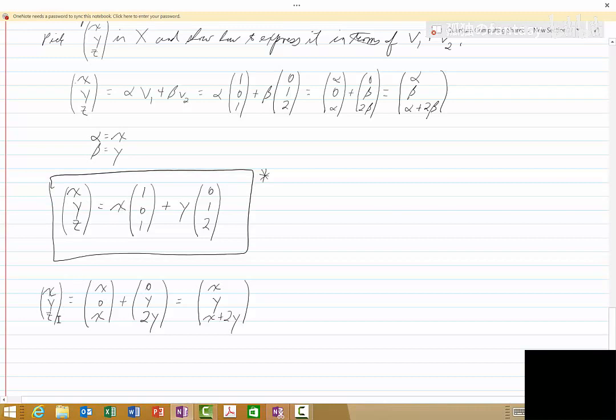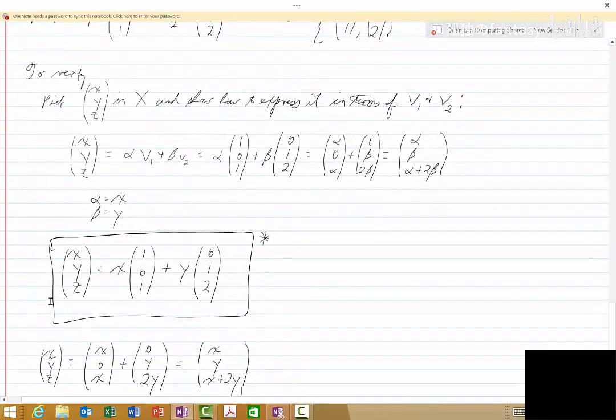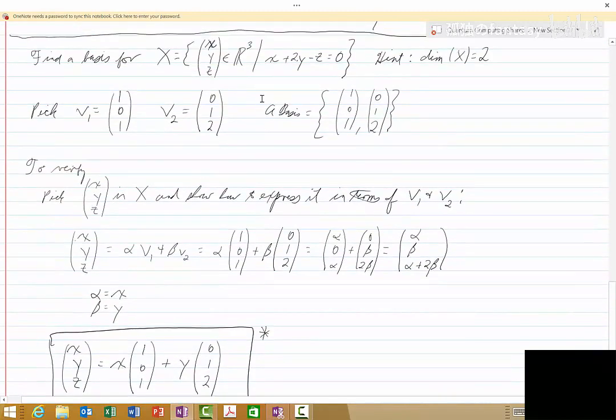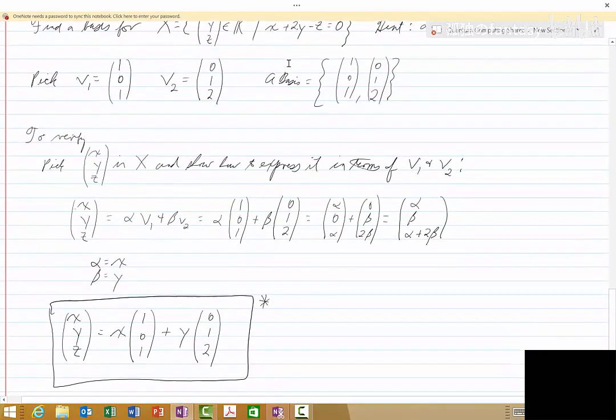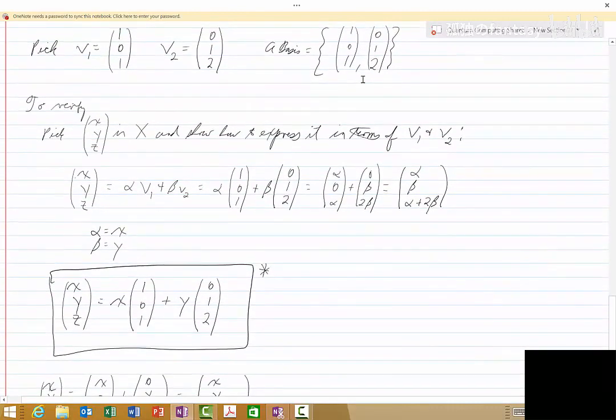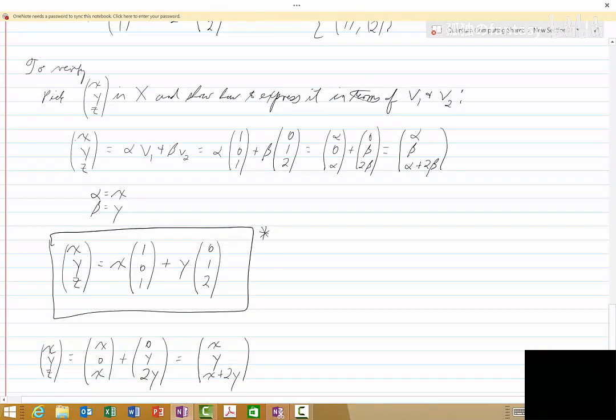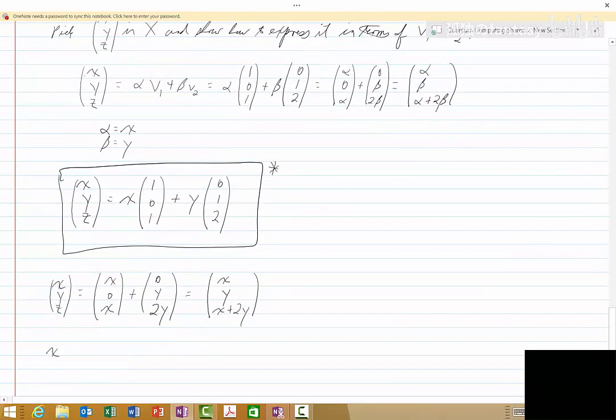But remember now, this vector x, y, z was chosen to be a vector in X. And for all vectors in X, x plus 2y minus z is 0, which implies that z, if we keep z on one side and take the x and 2y over to the other, is equal to x plus 2y.